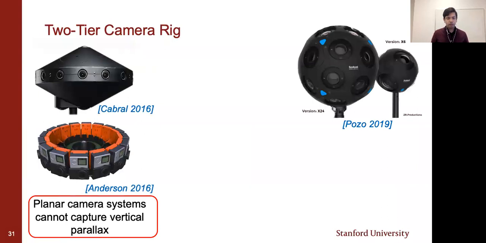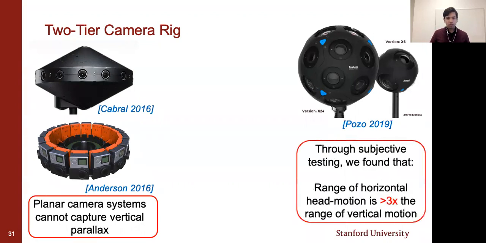More recently, Facebook came up with spherical cameras that can provide horizontal as well as vertical head motion within a spherical volume. However, through our subjective tests, we found that the range of horizontal motion is typically much larger than the range of vertical motion. And therefore, the head volume that we would like is not so much a sphere, but rather a flat cylinder.